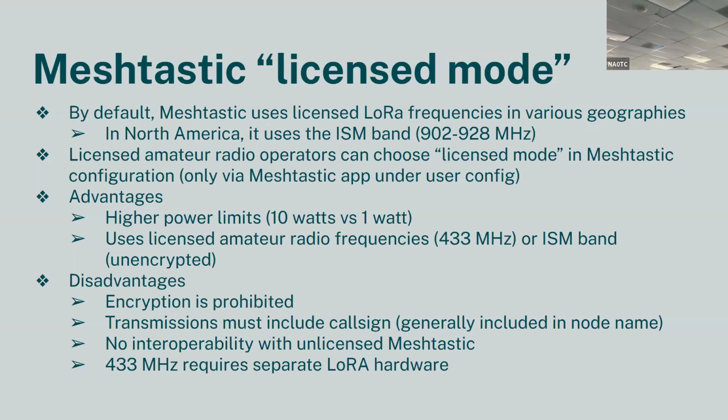And the biggest disadvantage is there's no interoperability. So if you go into licensed mode, you're only going to be talking to other licensed Meshtastic users, right? Because especially if you want to run 10 watts, it's typically going to be on 433 megahertz. And so you're going to have a completely different device than the unlicensed ones.